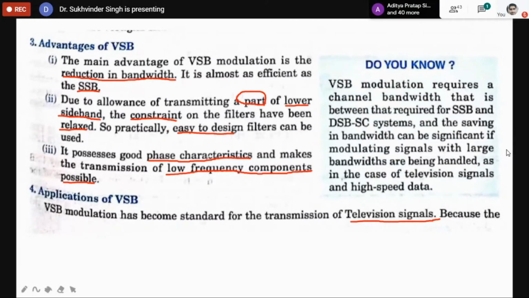It possesses good phase characteristics and makes the transmission of low frequency components possible. Low frequency component transmission was not possible in the case of SSB, because there was an initial condition for the message signal that it should not have frequencies from 0 to some 300 hertz, plus the carrier frequency should be much higher than the message frequency.